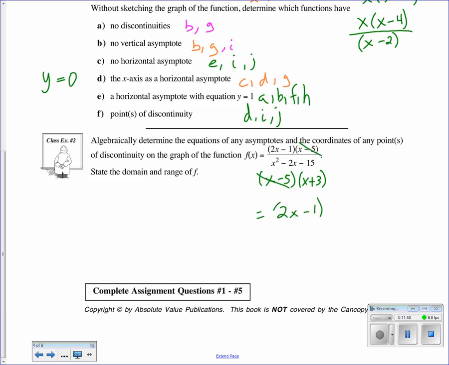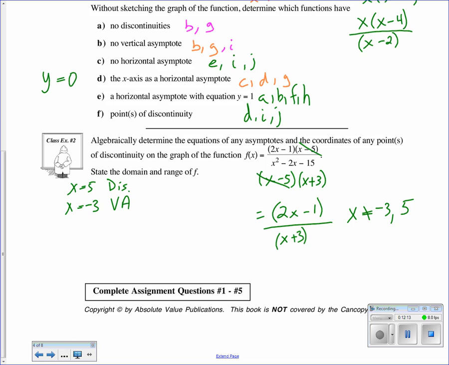So I have 2x minus 1 over x plus 3. And x cannot equal negative 3, and x cannot equal 5. At 5, I have a discontinuity.